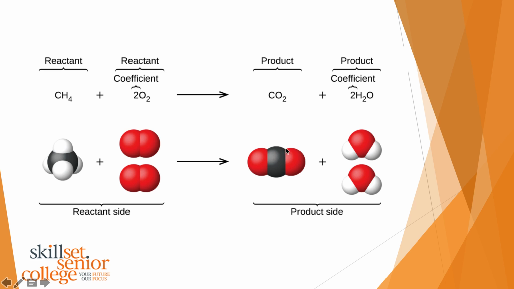O2, 1, 2, so we're missing another 2, but that comes over here, because 2 times O is 2 oxygen on this side and 2 oxygen on this side, so that's 4 oxygen. H2 times 2, 1, 2, 3, 4, so 2 times 2 is 4, so that balances out. We have 4 hydrogen on this side, 4 hydrogen on this side, we have 4 oxygen on this side, 4 oxygen on this side, and we have 1 carbon on this side, 1 carbon on this side.